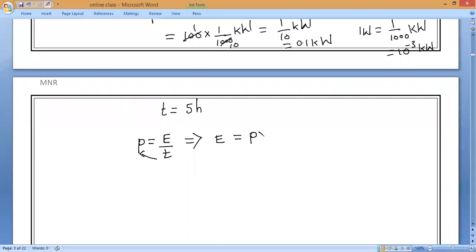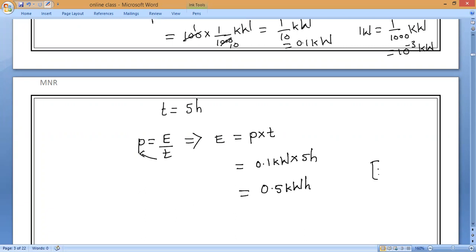Energy is equals to P into T. So power is equals to 0.1 kilowatts into time is equals to 5 hours. So 0.1 into 5, how much will it come? 0.5 kilowatt hours.